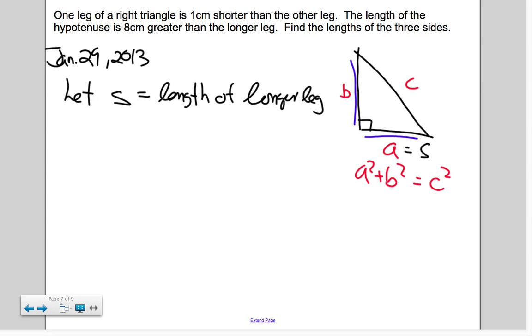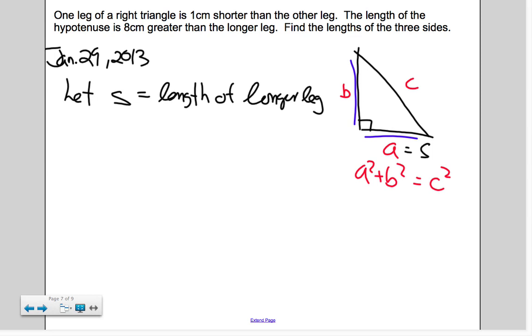So how can we express the other sides? Katie, want to try? Well, what might B be? What's the length of B? The shorter side?